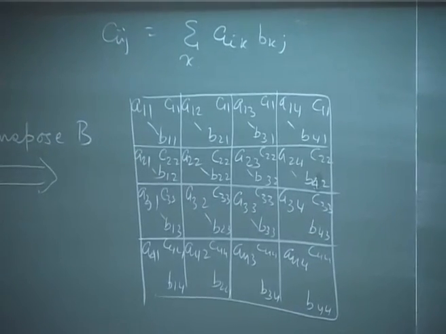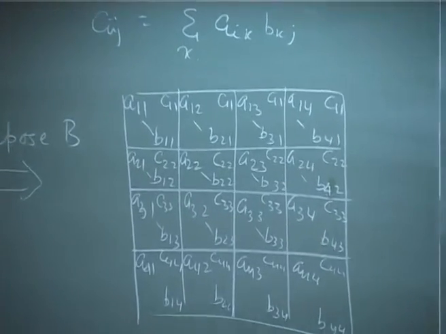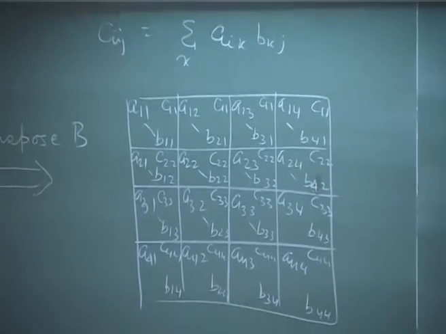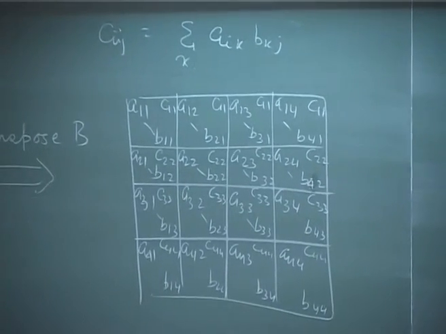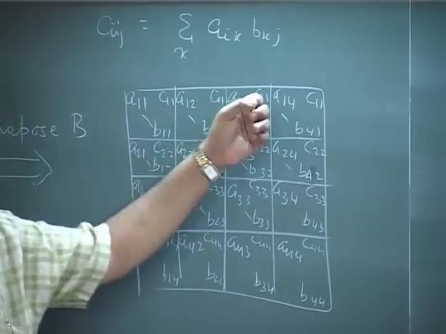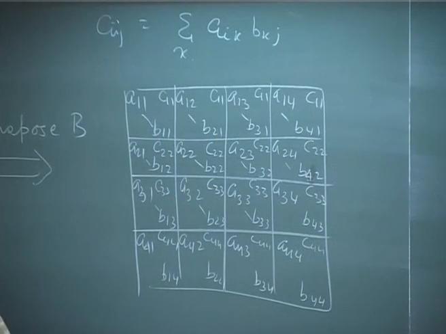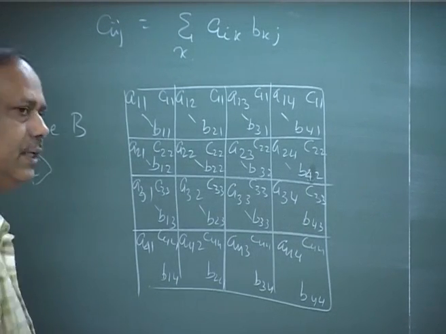Then perform the additions of the C's and move the data into the appropriate positions, which needs order n time if it is an n cross n matrix, right?